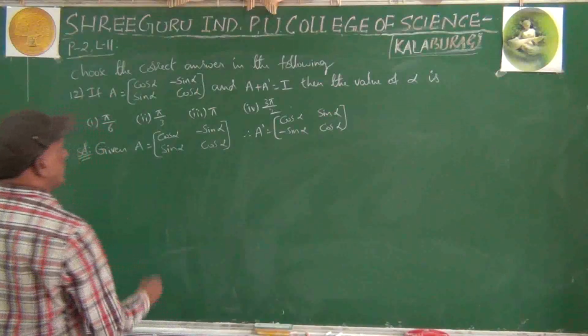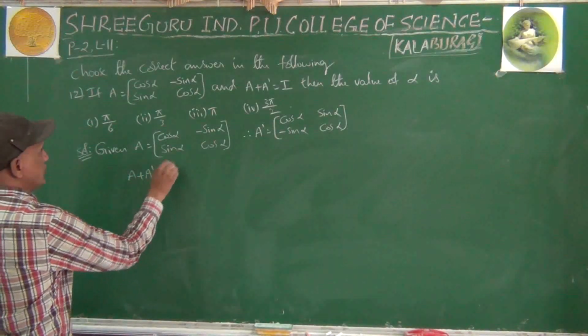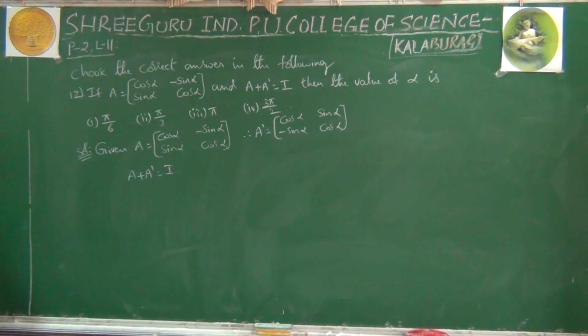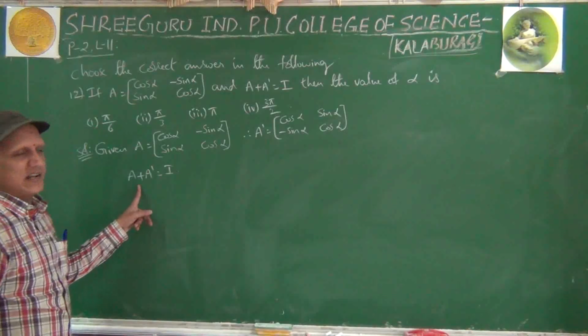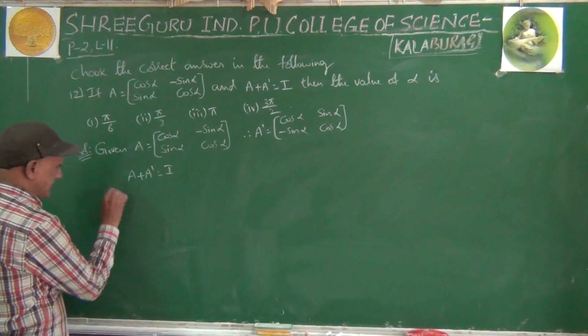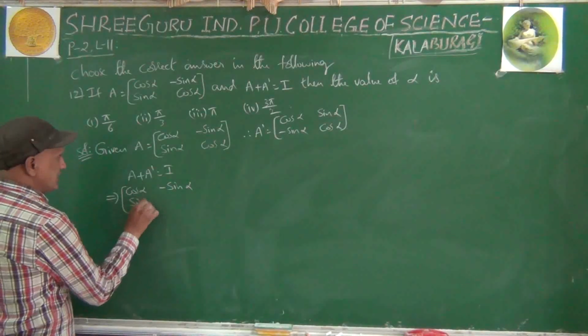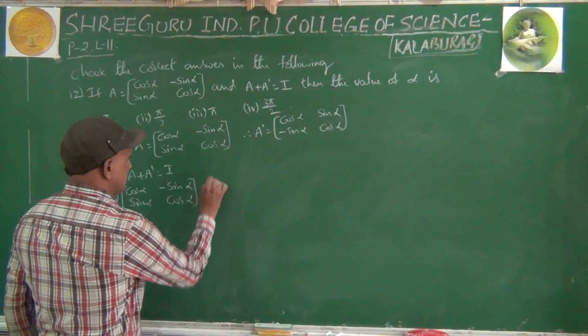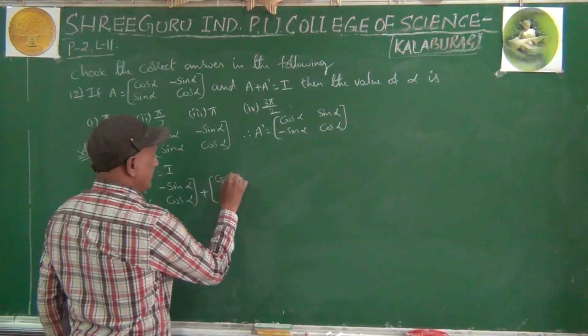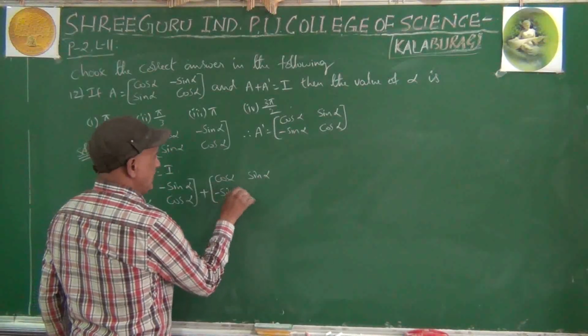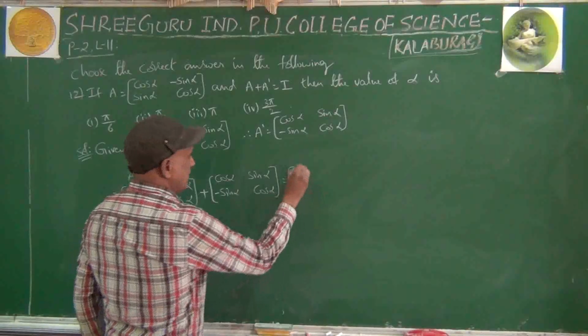Okay, so A plus A dash equals I implies A, which is cos alpha, minus sin alpha, sin alpha, cos alpha, plus A dash, cos alpha, sin alpha, minus sin alpha, cos alpha, equals I.